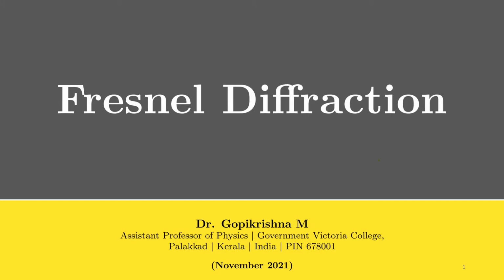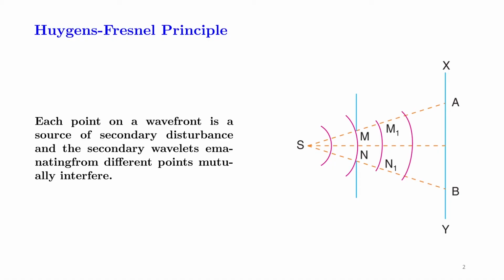We'll try to understand the basic concepts in Fresnel diffraction. We'll begin with the Huygens Fresnel principle. For that, let us consider a source S. Here, MN is a small aperture and XY is a screen that is placed in the path of light.